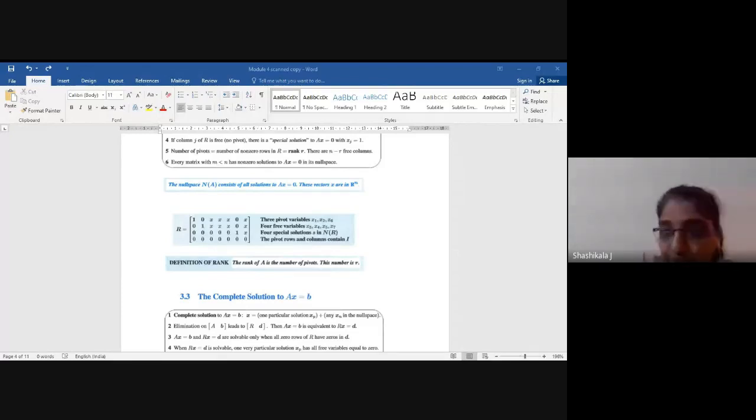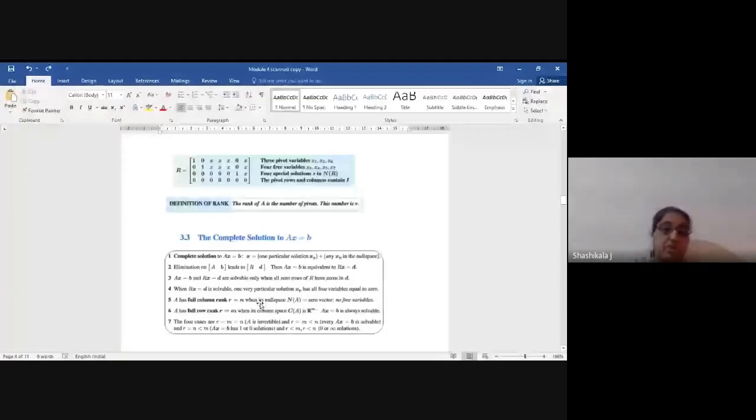So then your solution will be only due to the particular solution, meaning A is a full column rank when its null space is the zero vector. That is, no free variables. No need to remember anything here. You understand the pivot variables, free variables, the definition of rank and how to determine the rank.